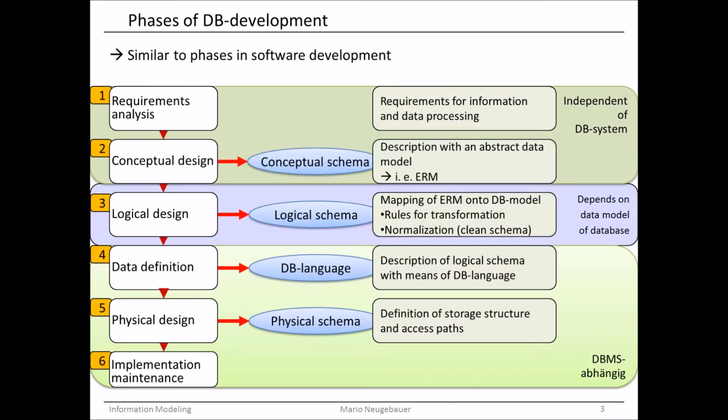Now, how is the process of database development? As I said before, information modeling is one important part, but it's not the only activity we have to do for database design.